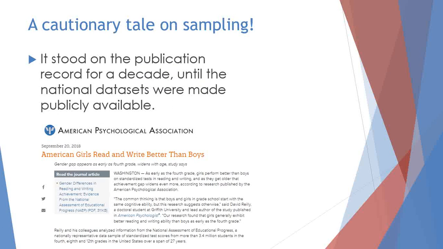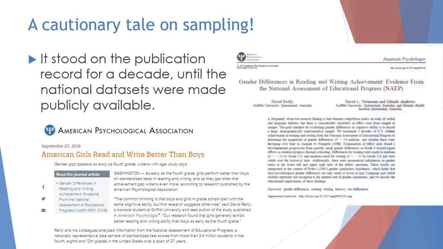But it stood on the publication record for a decade until the nationally available datasets were made publicly available. And I and several other Griffith lecturers were able to actually analyse that data. And we found that there were actually some pretty substantial gender differences still present.